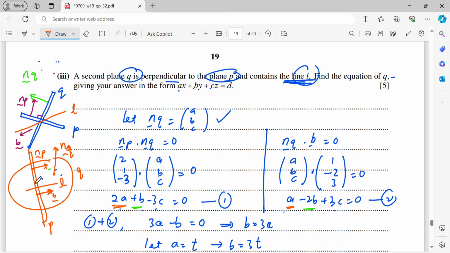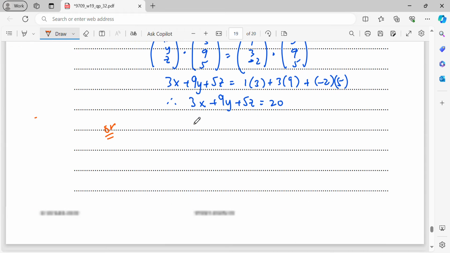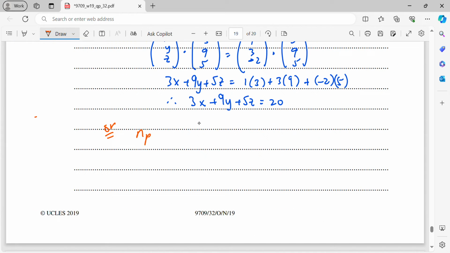So according to the vector product, NP cross B is perpendicular to both NP and B, right? Therefore, the shortcut is you just use the cross product. So your NP is basically (2, 1, negative 3).